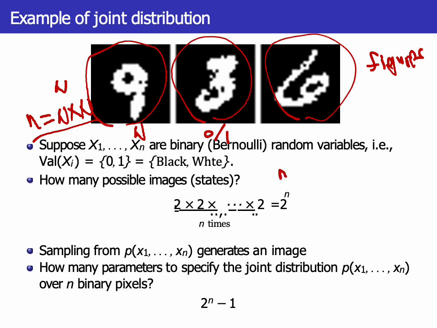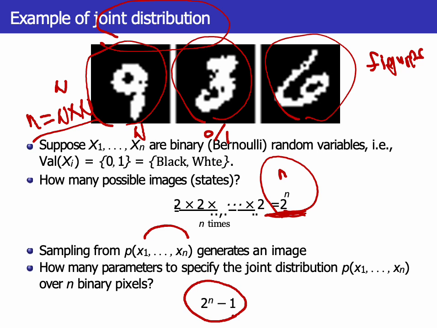If we have n pixels, we have 2^n possibilities. So we have the joint distribution p(x1 to xn). And how many parameters to specify these joint probabilities? We discuss this later on. However, that is 2^n minus 1.